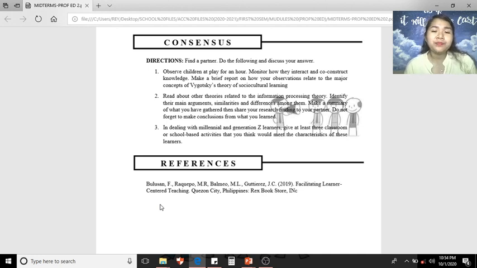Now, still, if you have clarifications, and I hope na na-discuss ko naman siya na mabuti, na-explain ko naman ng mabuti, no? Yung mga concept. Pero kung may nakaligtaan ako, please do not hesitate to raise your question and your clarification in our group chat. Okay? And the soonest possible na mabasa ko yung questions, mag-reply ako agad. Nakuha?